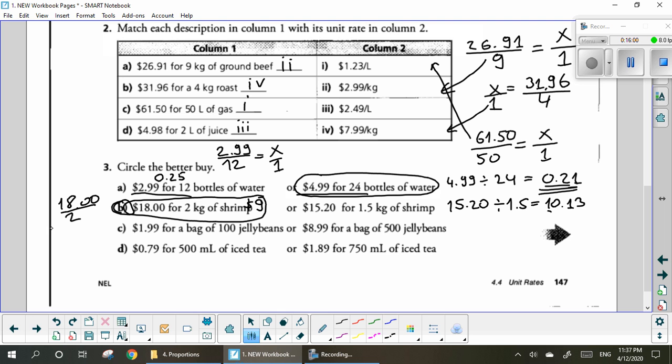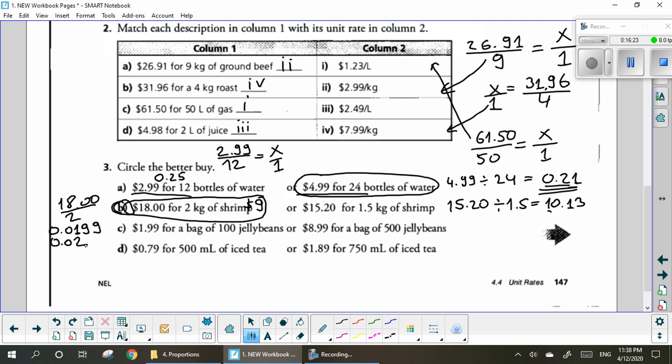It's 0.0199. What does that really mean? Remember, this is money. We're going to round it to the second decimal place. So it's going to be 0.02. That means each jelly bean, in this case, will be 2 cents.